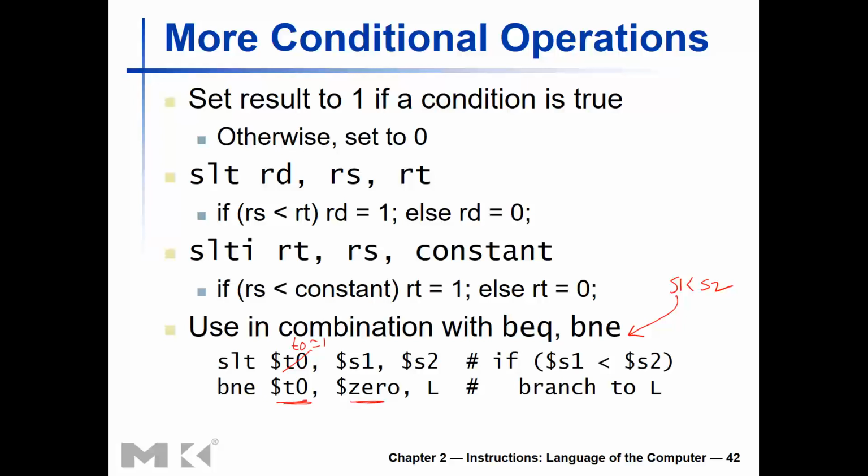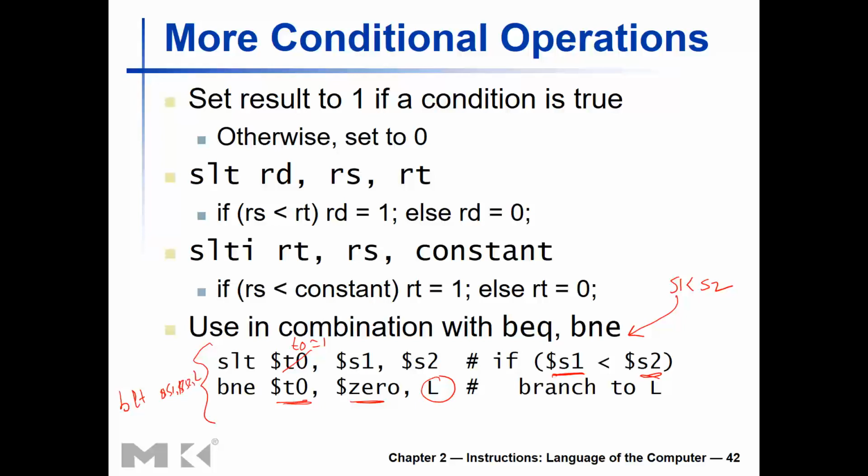They are not equal, so we will branch. Because S1 is less than S2, I was able to branch, which is the same as saying branch if less than S1, S2 to label L.